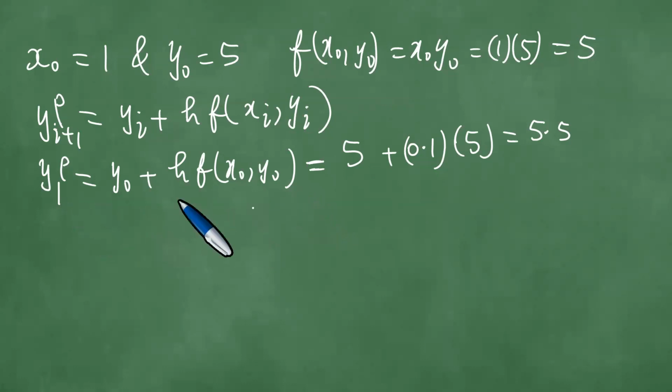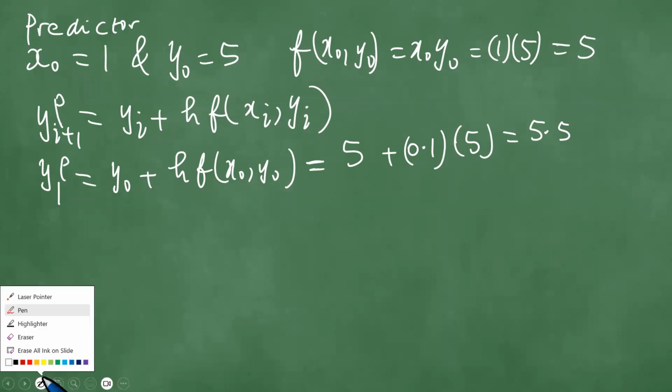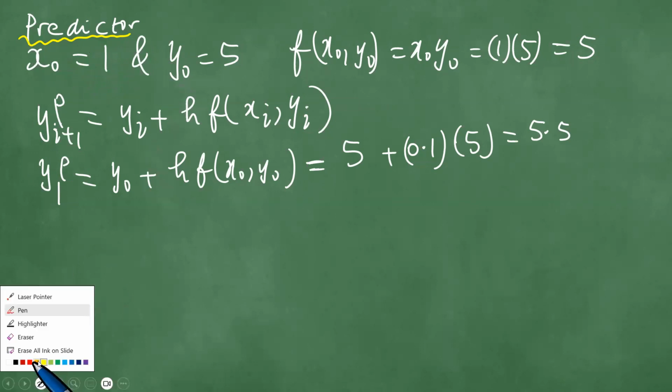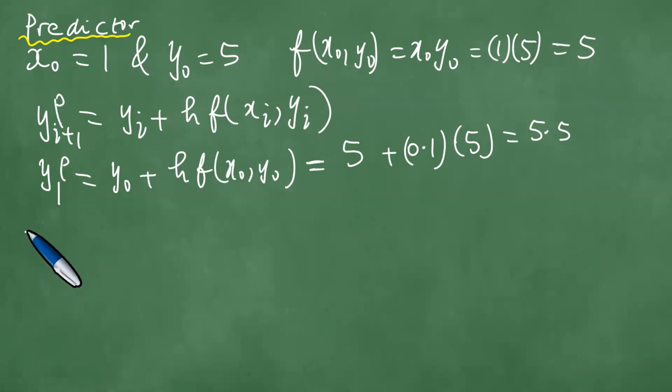Once you do this, you are done with the predictor. So this is the predictor calculation. You must repeat these steps. You start with the predictor, you go through these steps, and then the same is done for the corrector. Let's do the corrector. After I've done the corrector and the predictor, we shall do the table.